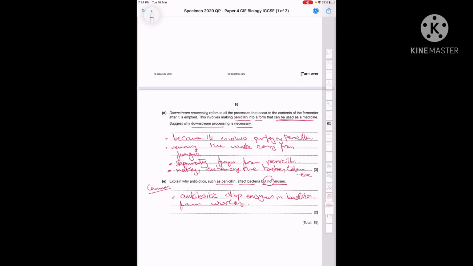And I would say that viruses have no enzymes. They actually also have no metabolism that can be interrupted by these antibiotics. Okay? That's one mark and that's the other mark.